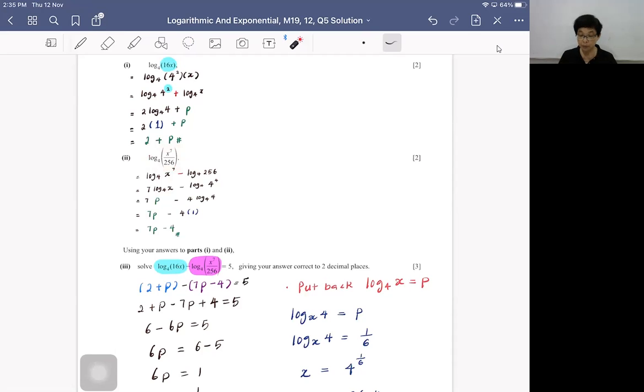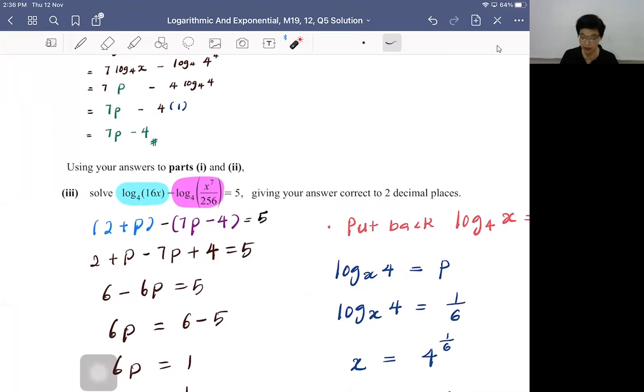Then taking respectively the answers of A1, we just substitute them accordingly into the first term of this question. And we do the same thing, the result of part A2, and we substitute into the second term of section 3. And that's how we obtain them.